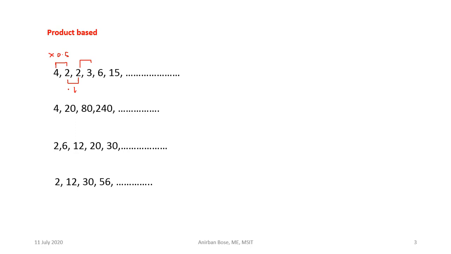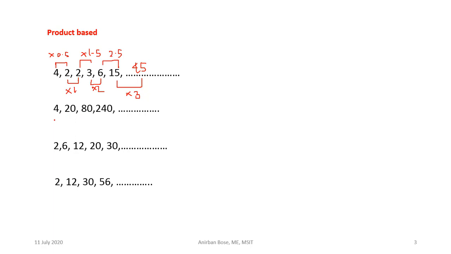Here the multiplying factor is 1.5. Then 2. Then 2.5. Then definitely the multiplying factor will be 3. So your answer will be 45, because the multiplying factors are in AP with 0.5.